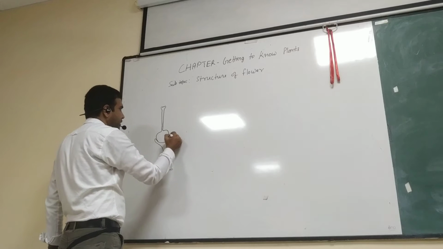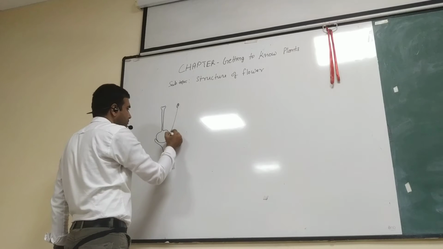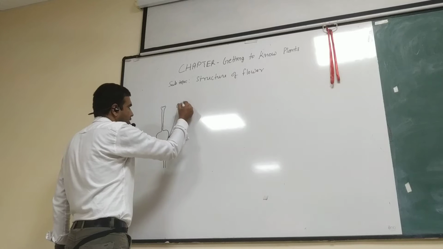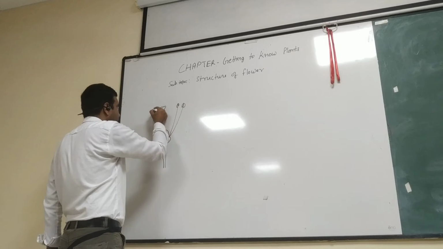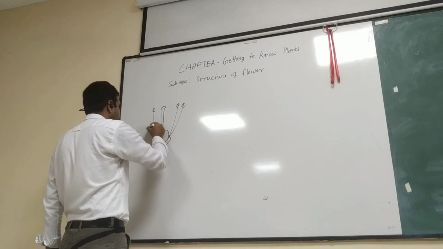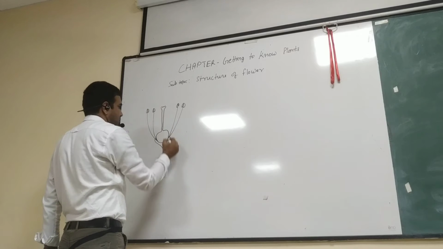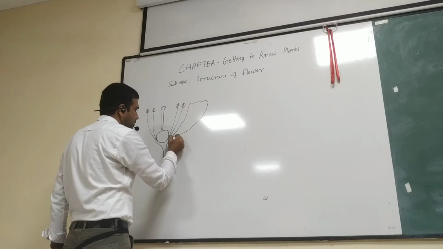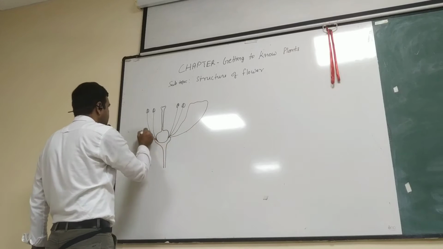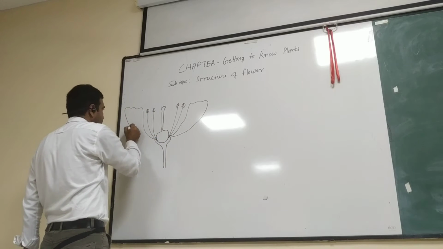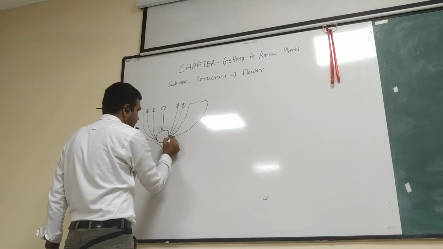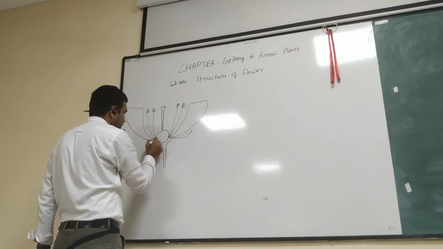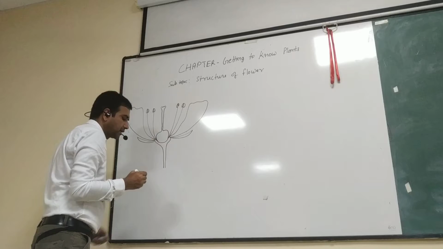Then next to it is a thread-like structure which is called a stamen. Then the colored part of the flower. And then the outermost part of the flower, that is calyx.